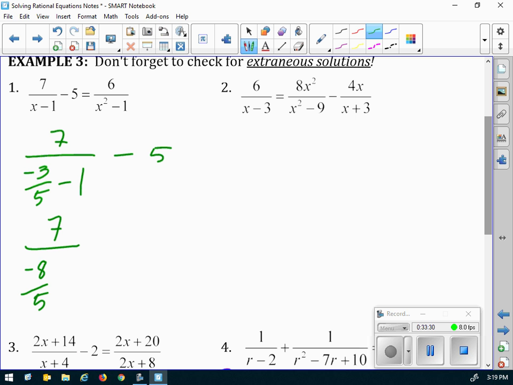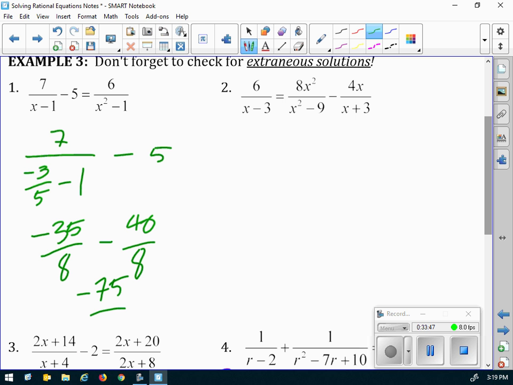How in the world did I get what I got there before? That's negative 35 over 8. Aha! That's negative 35 over 8 minus 40 over 8, which is negative 75 over 8. And that's what I got on the other side. I screwed something up right here. It works.